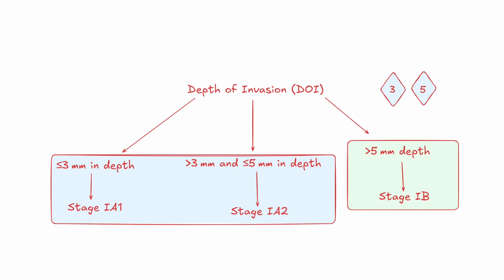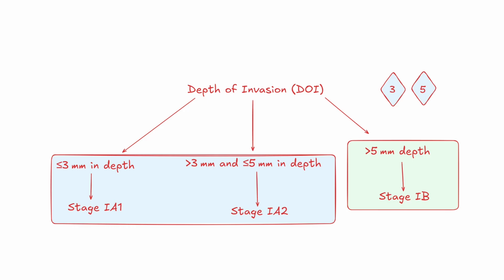Think 3 and 5 mm for stage 1A, which is microinvasive disease. If the depth of invasion is less than 3 mm, then it's stage 1A1. If it's between 3 and 5 mm, then it's stage 1A2. If the depth of invasion is more than 5 mm, that takes you out of stage 1A into stage 1B.